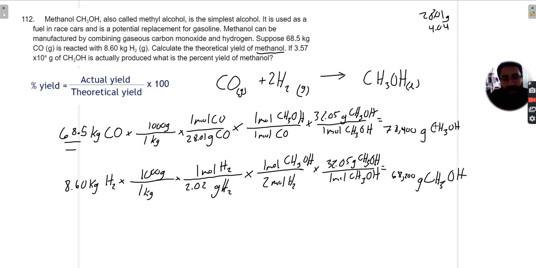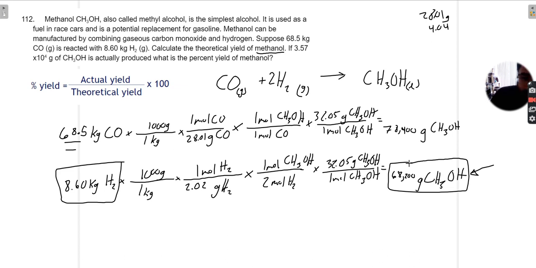So we have whichever one's running out first. This is the lower number, so that's our limiting reactant. This is what's going to run out first, and this is what we're actually going to make.